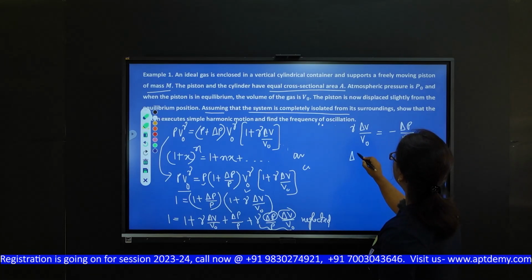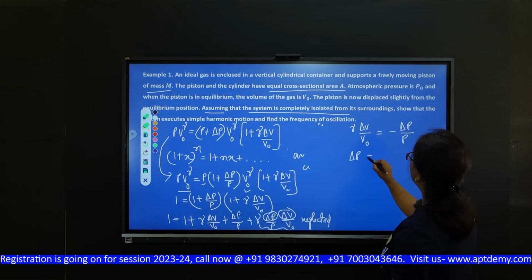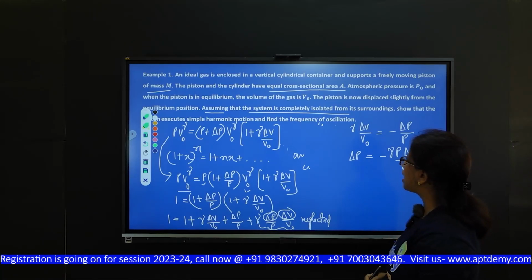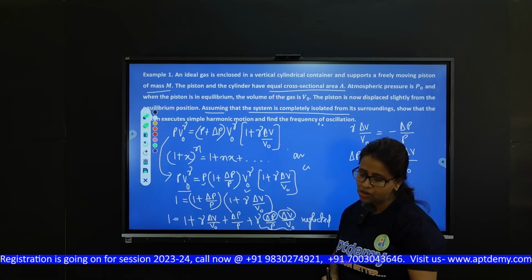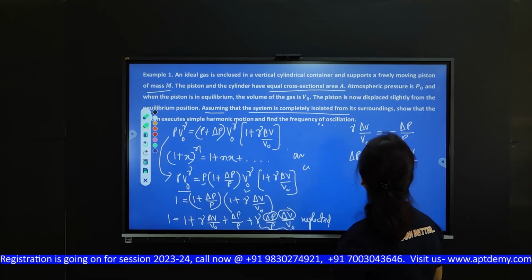We have delta P as equal to minus gamma P delta V by V naught. So this is the excess pressure, or the change in pressure that we have.